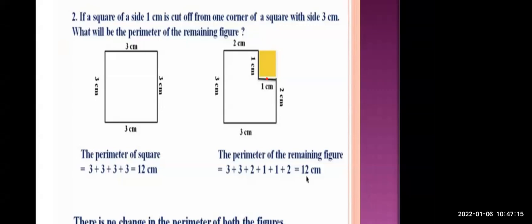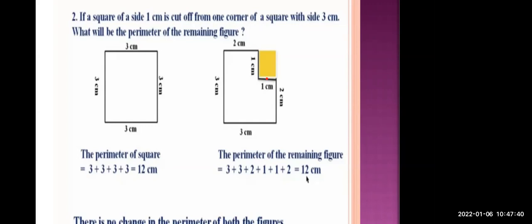Now listen to the question properly first. In this question, what is given? There are two figures. First figure में पूरा measurement दिया है, but in the second figure some measurement are cut. यहाँ पे कुछ part cut कर दिया है. And what you have to find out? You have to find out the perimeter of the remaining square.